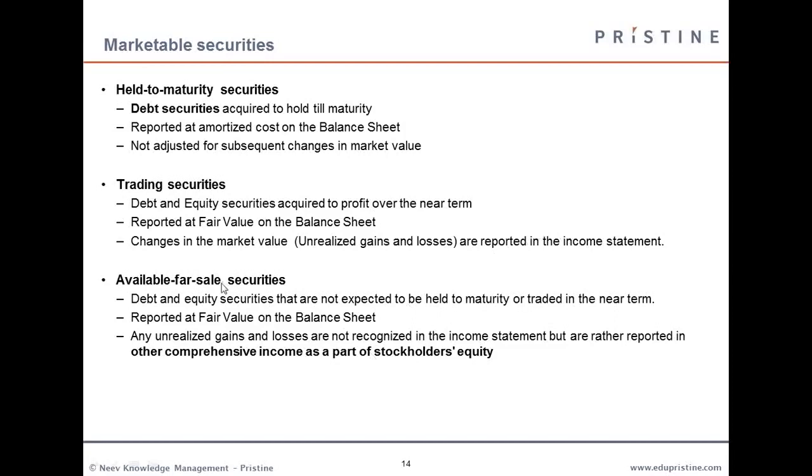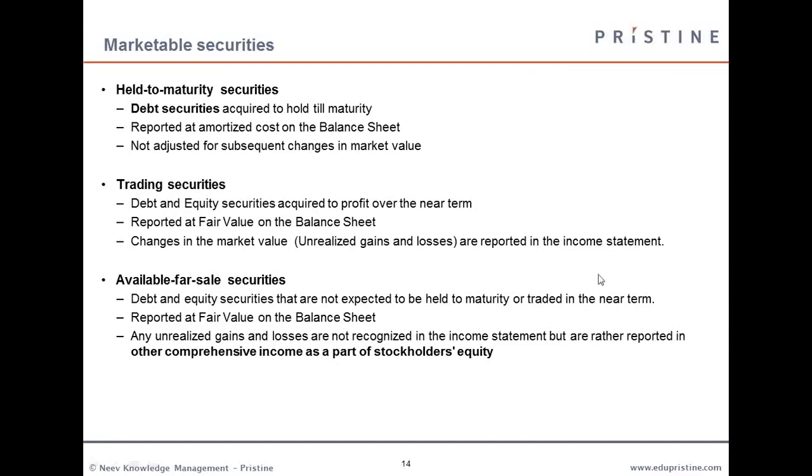And the third class of securities is available for sale securities. Here, again they are not expected to be held to maturity or traded in the near term, and they are readily available for sale.